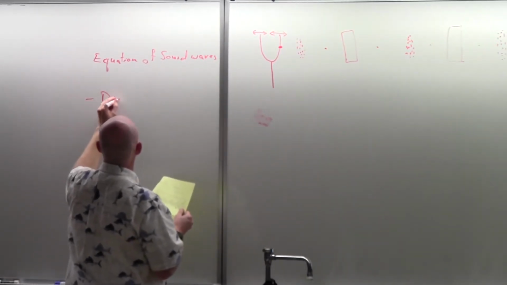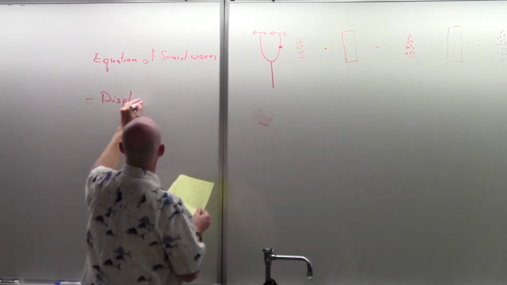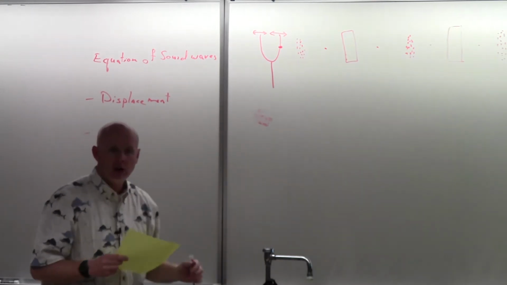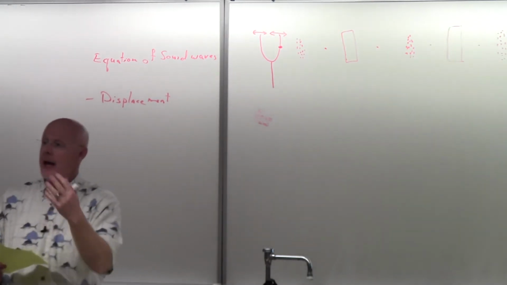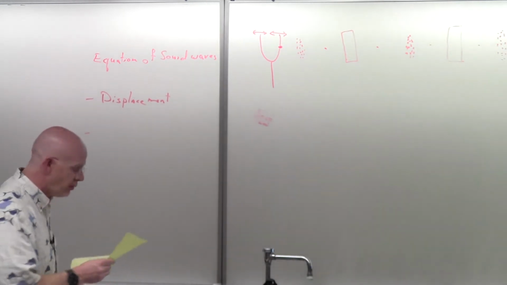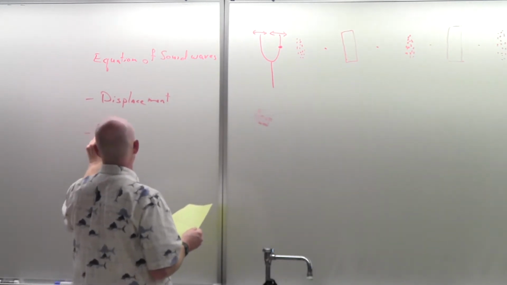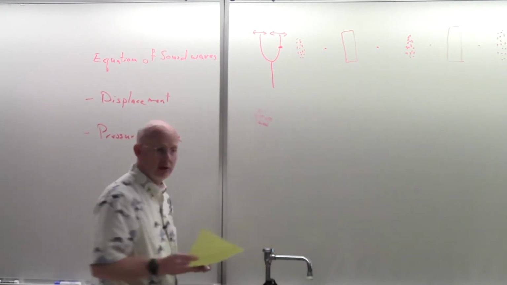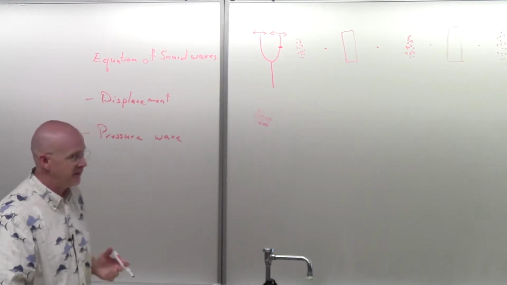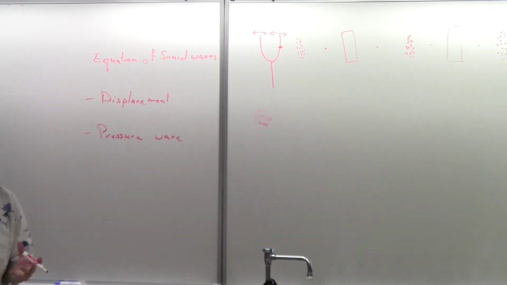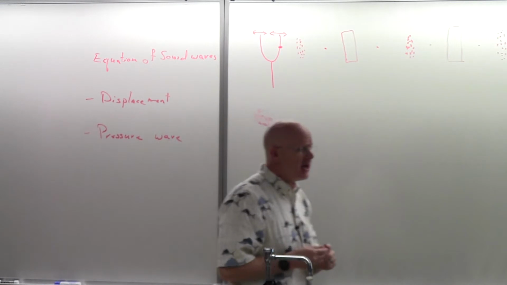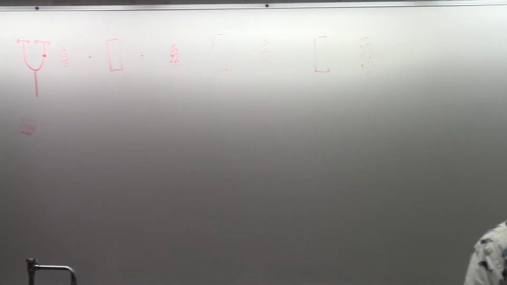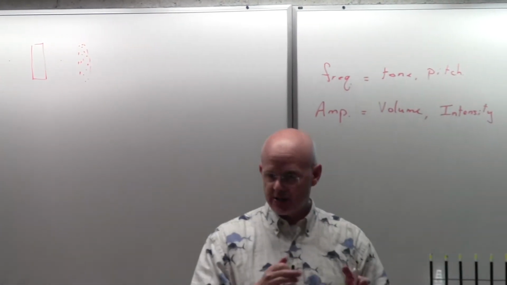Do you want to describe the wave by the displacement of the molecules, what you might call the amplitude, how far the molecules moved? Or do you want to describe the wave by the pressures it has created because of the movement of the molecules? You see what I'm getting at? So we have to make a decision. What we'll do is we'll do both, and we'll wait till whatever is important to us. Do we want to think of this as a displacement wave?